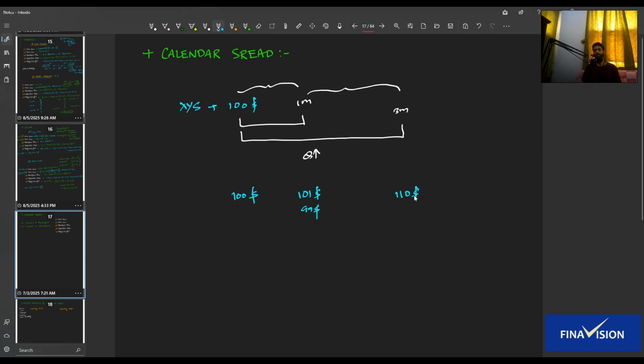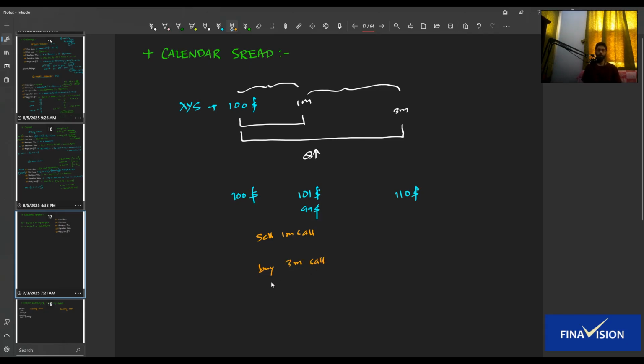So there is a kind of price appreciation being projected here. Now, the investor decides to sell a 1 month call option and buy a 3 month call option. Let me write it here: sell 1 month call and buy 3 month call.